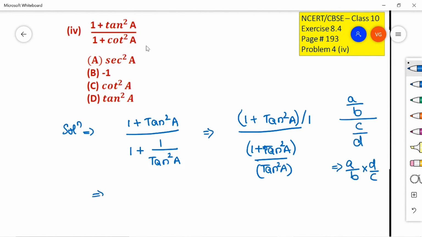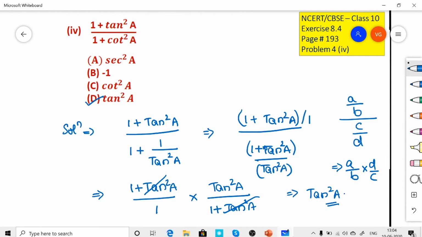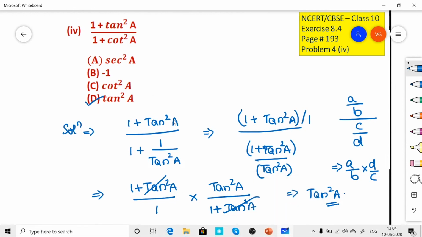So this I am writing as 1 plus tan square A divided by 1 multiplied by tan square A divided by 1 plus tan square A. Right. So the answer is tan square A. Here no need to use any complementary angle or any identity. Directly we can get by simple simplification from the given problem. So tan square A, option D is the correct answer.